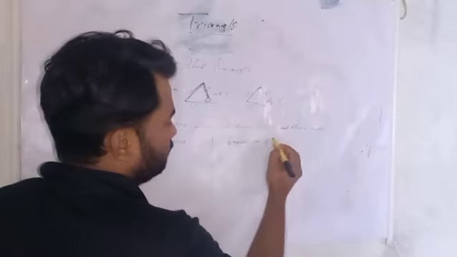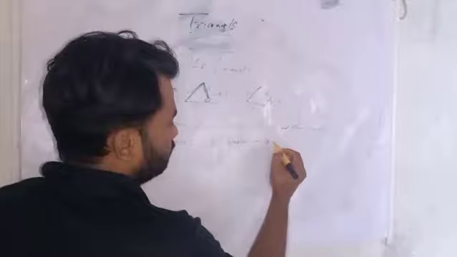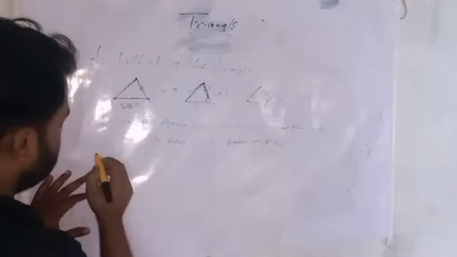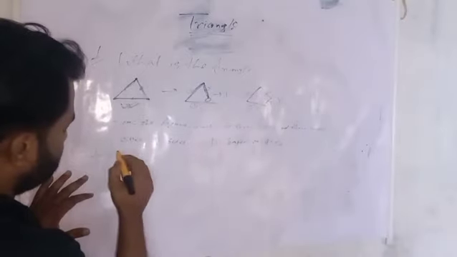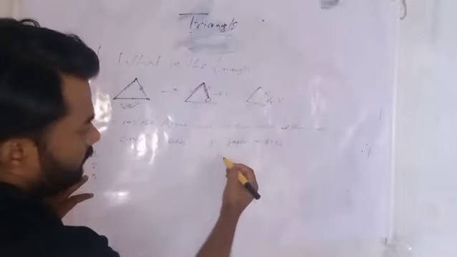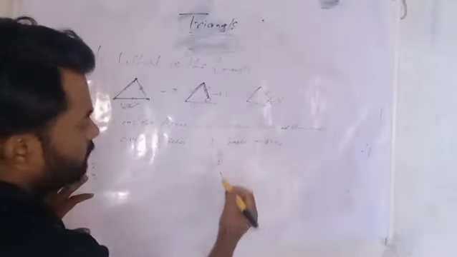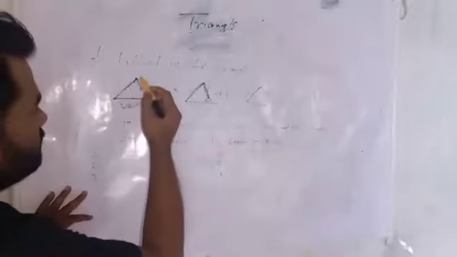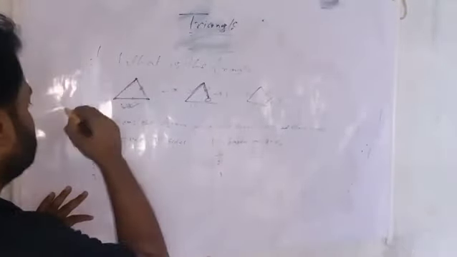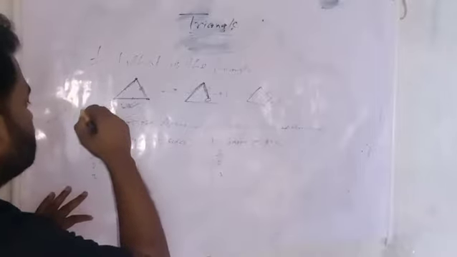Based on sides, we have three types of triangle, and based on angles, we also have three types of triangle. The first term is the definition of a triangle. The second term is the types of triangle. Now we discuss the types of triangles.